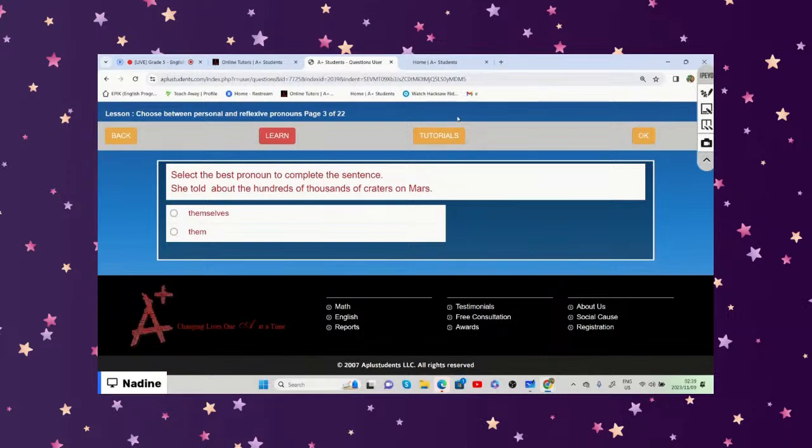So which one is correct? Is it the reflexive pronoun or the personal pronoun? Themselves or them?